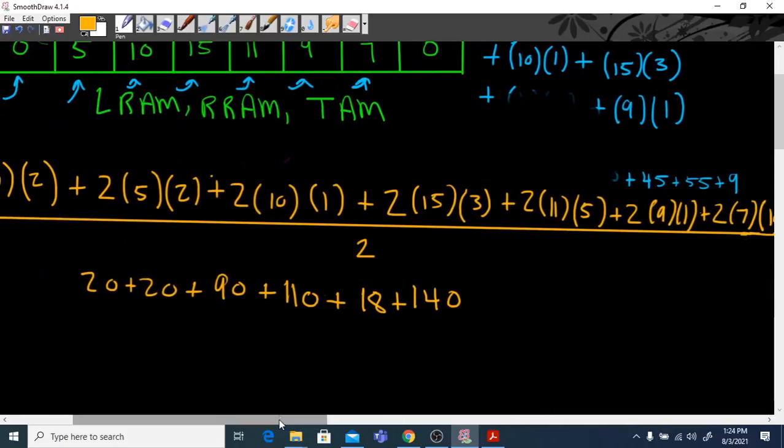All right. And then all that divided by 2, and now let's see, what do we get? 140 plus 110 is going to be 250. 250 plus 90 is going to be 340.